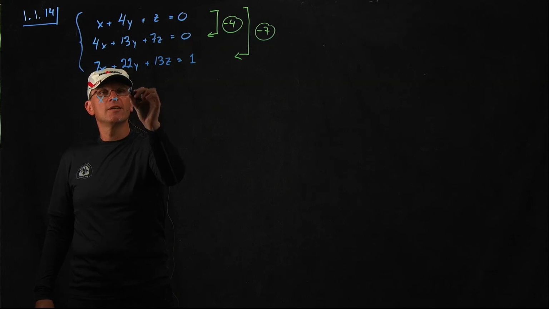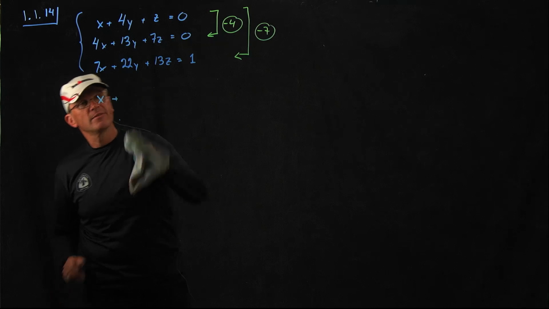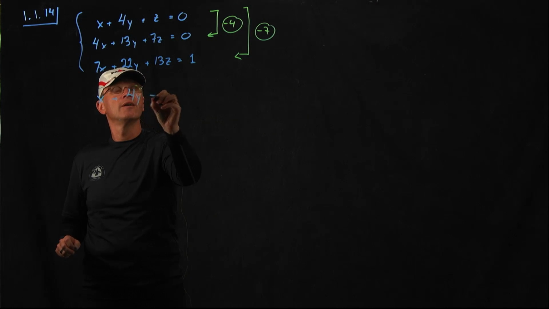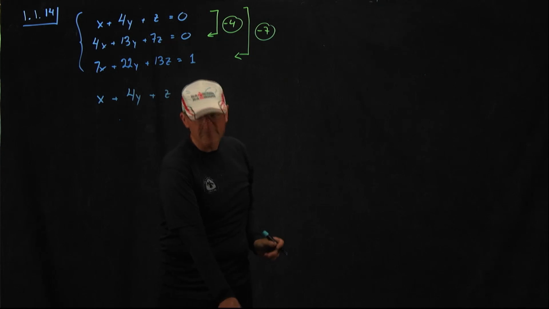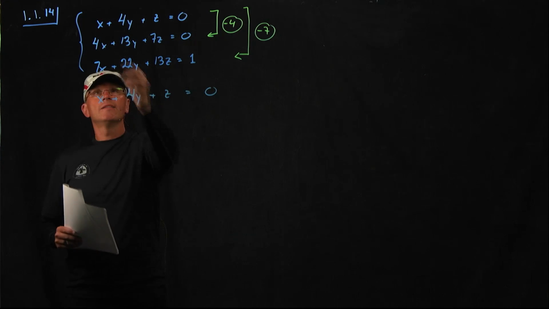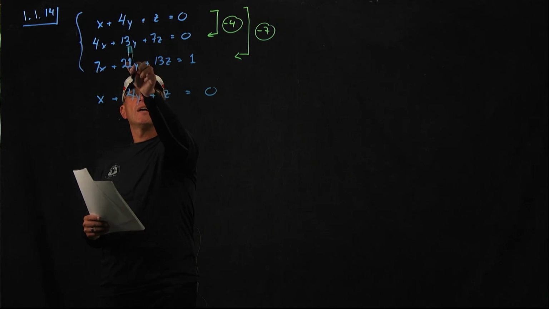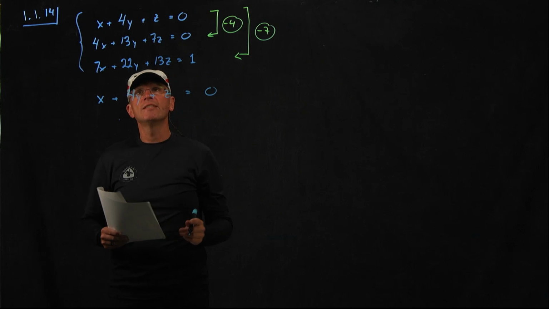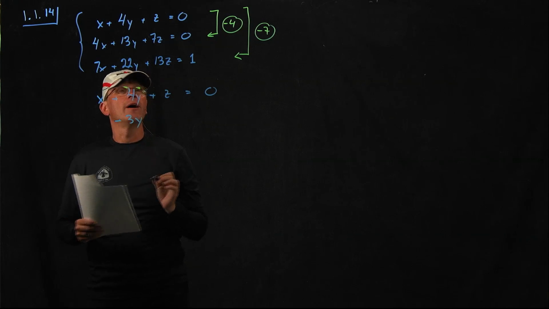First equation stays, unless there is some strange typos. x plus 4y plus z equals to 0. Then let's see, 4 minus 4 is 0. Then we have 13 minus 16, right? So we get -3y.